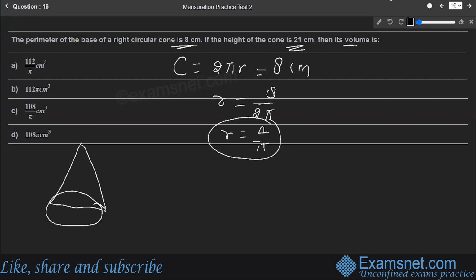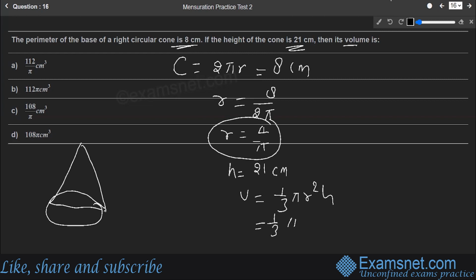Now further he has given the height of the cone as 21 centimeters. H value is 21 centimeters. Now we are supposed to find out the volume of this particular cone. The volume of the cone is always given by 1 by 3 pi r square h. We have got the r and h value and we can put it down here.